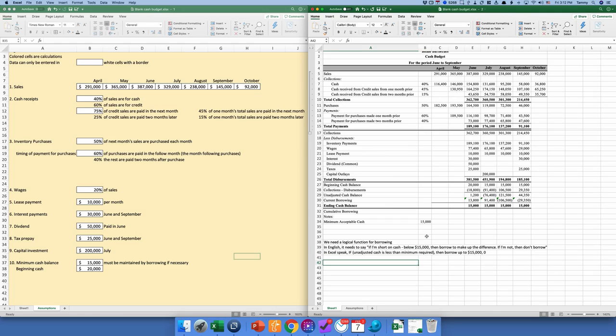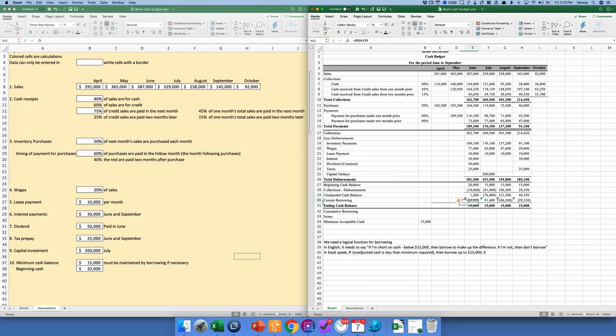What I'm going to do is, first, actually do the if statement in Excel to make sure that I calculate it right.